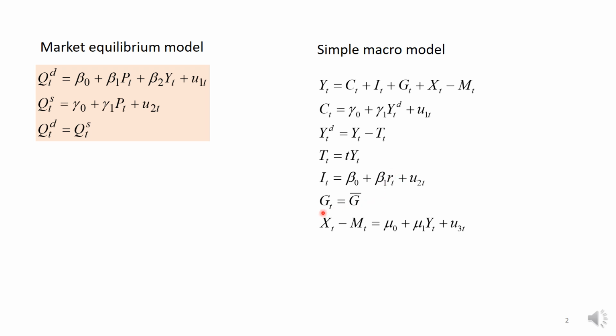Government expenditure, let's assume, is given, predetermined, exogenously determined, set at some level. And your X minus M, your net export, is dependent on income.